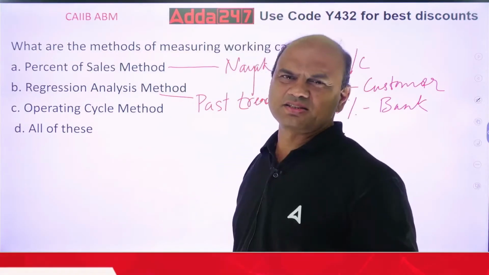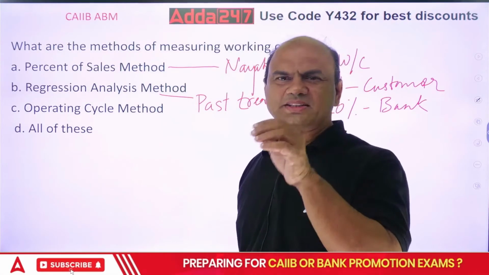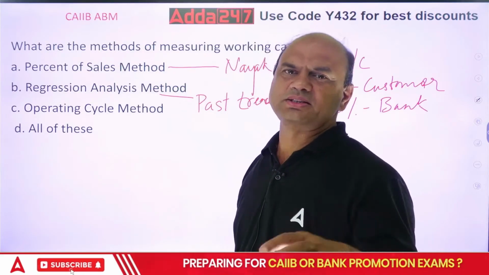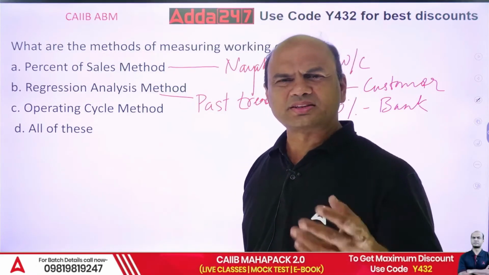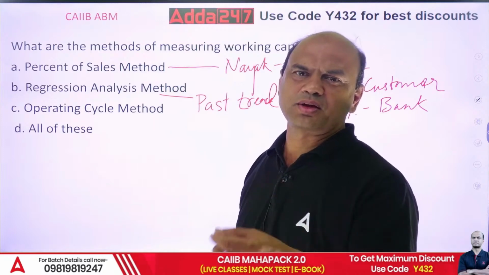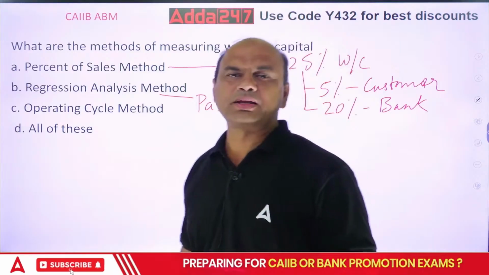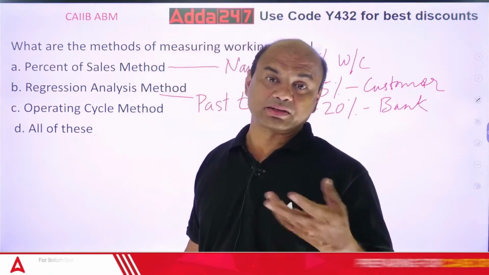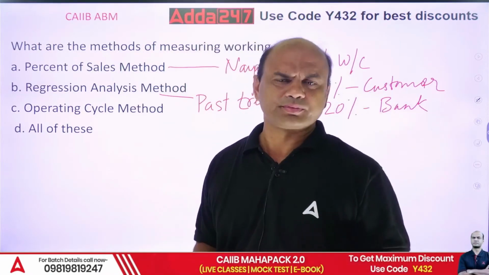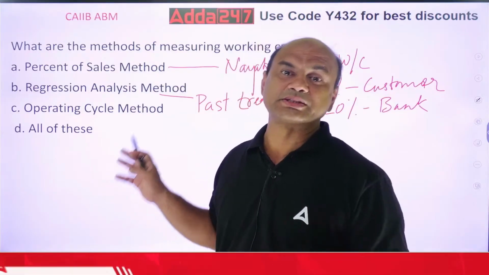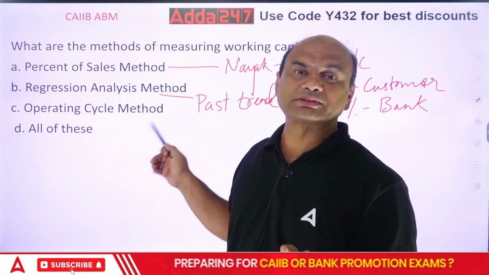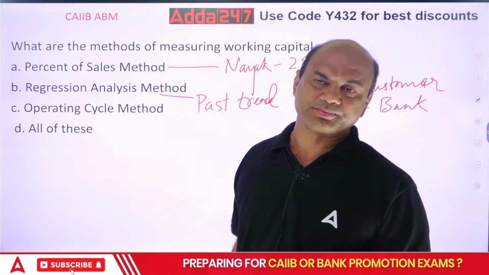They judge that if the last 5-6 years' average sale was 100 lakhs, this year it will be around 105 lakhs. This can go wrong if the company has invested in some technology and sales immediately grow. But basically the method is past regression analysis.